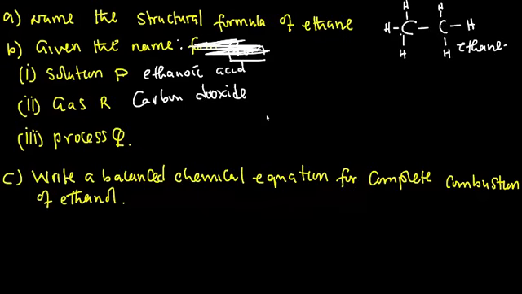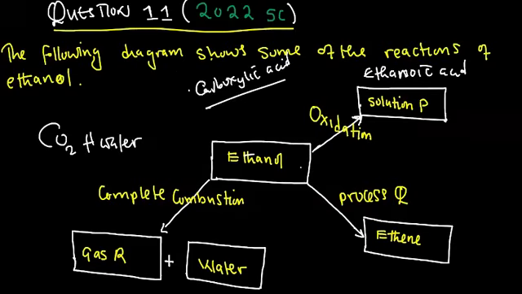Let us look at the other question, process Q. Now, what is process Q? Process Q produces ethene. Now, alcohol can be formed in short from fermentation and also hydration of alkenes, which means when you add water to alkenes, you result into alcohol.